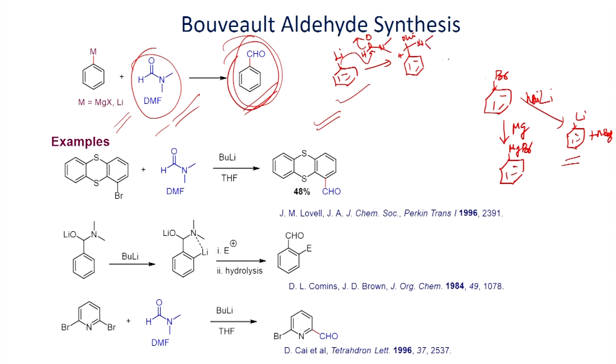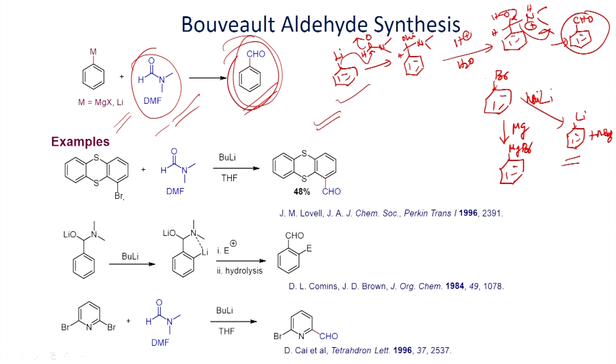Once you have this, when you do the workup, you will be able to transform it, and once this one forms, the amine can leave, and then you will get the aldehyde.